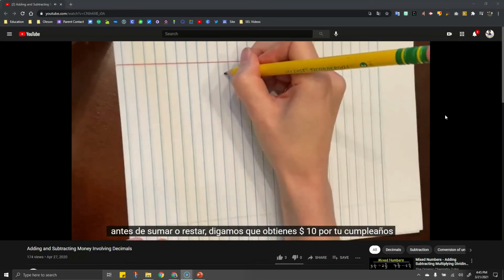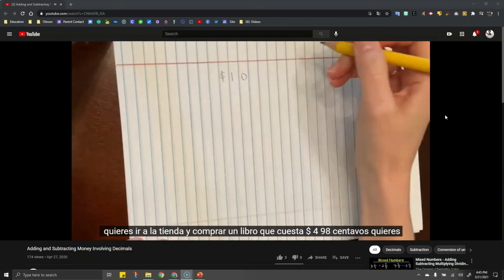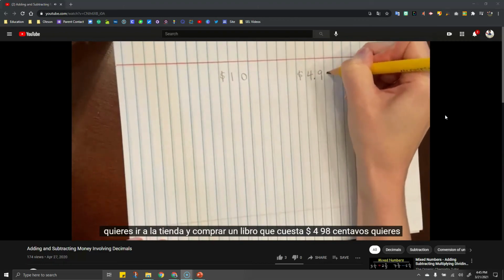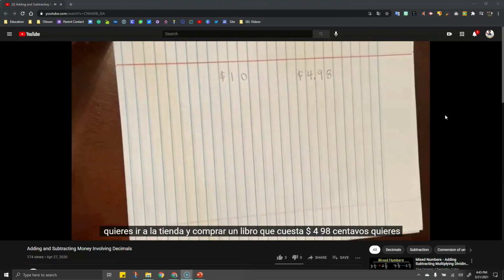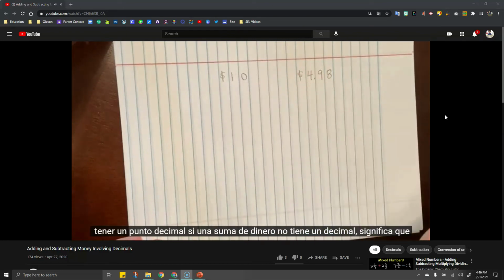So let's say that you get $10 for your birthday. You want to go to the store and buy a book that costs $4.98. You want to know how much money you're going to have left over after you purchase that book. Notice that our $10 does not have a decimal point.